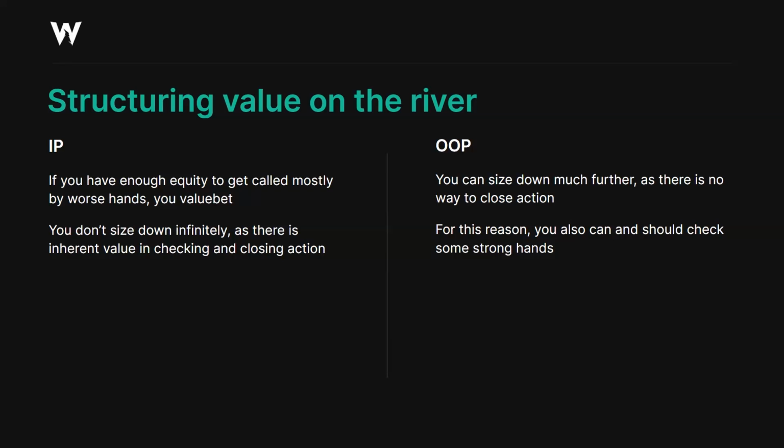Okay. So there's no inherent value in checking, and therefore there's no limit in most spots to how small you can go. So very commonly you'll find quarter pot bets, third pot bets, fifth pot bets. And in some more specific scenarios, you'll even find 10% of the pot bets, like really, really tiny bets. Okay.